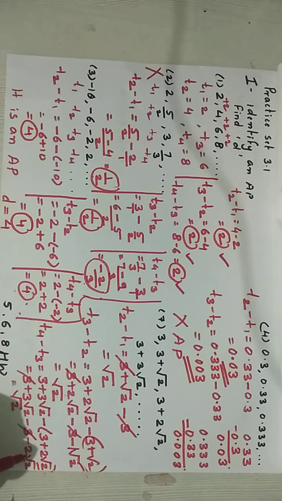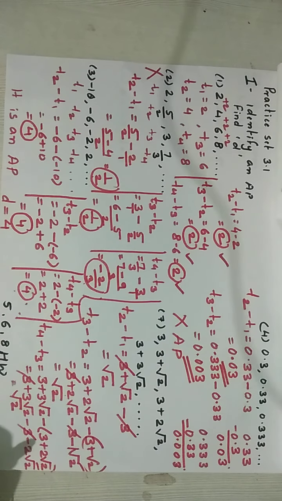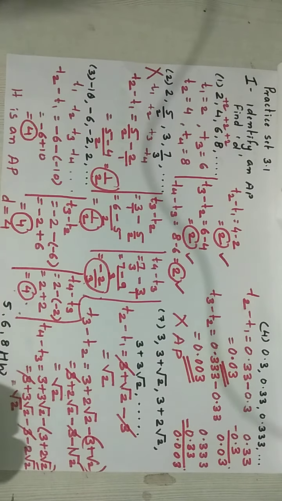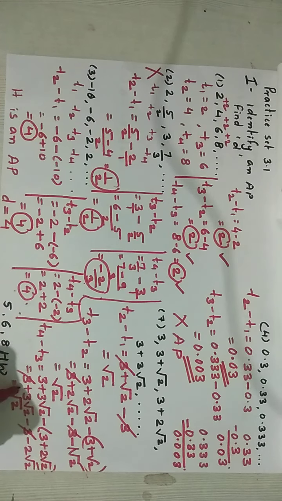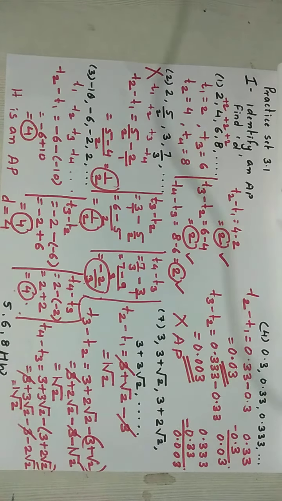That is 1 root 2. This we have already done in 9th standard, how to tackle with the root sums. So 3 root 2 minus 2 root 2 answer is 1 root 2. So here you have 1 root 2, here you have 1 root 2 as the answer.